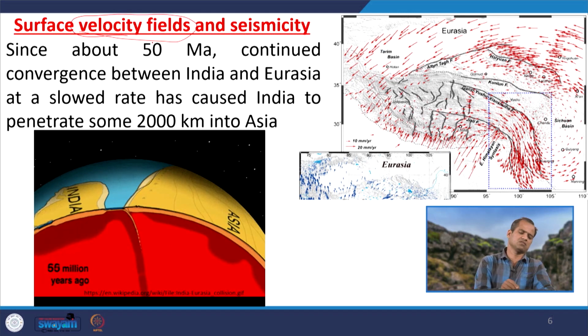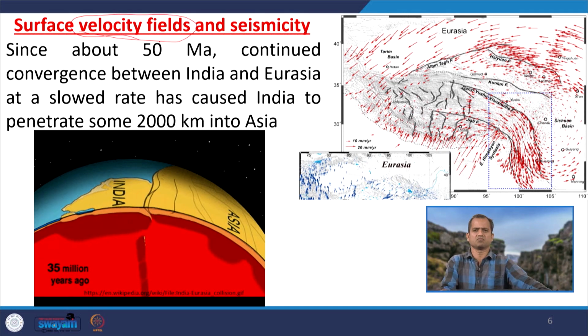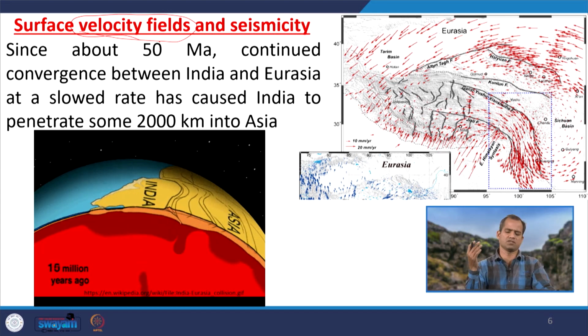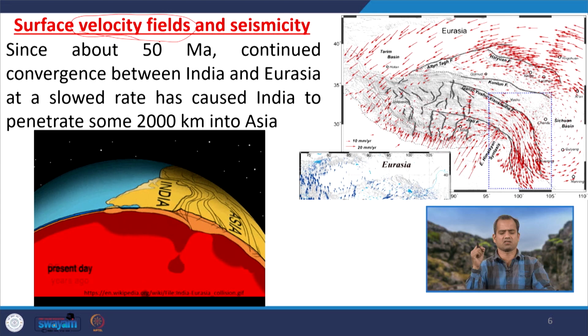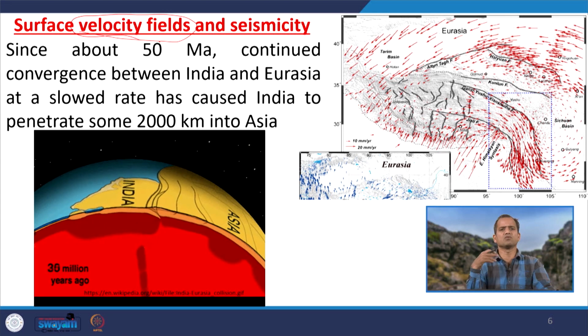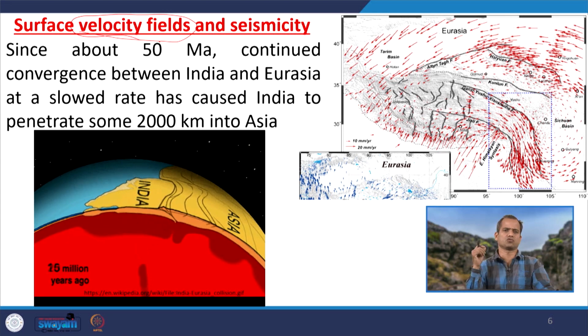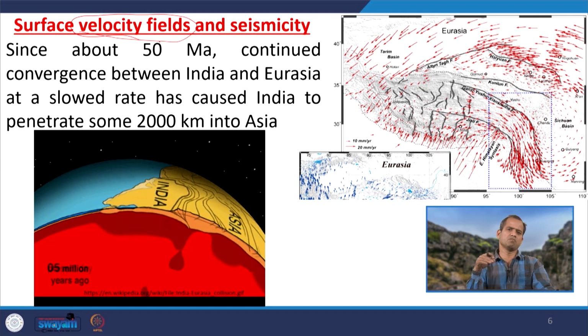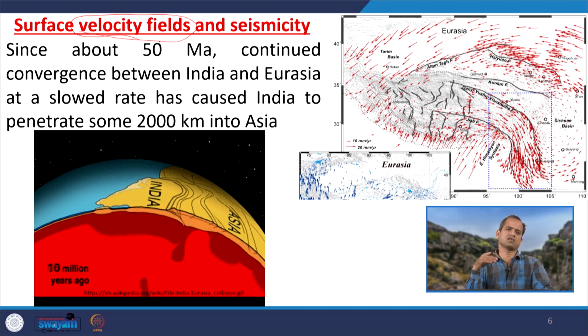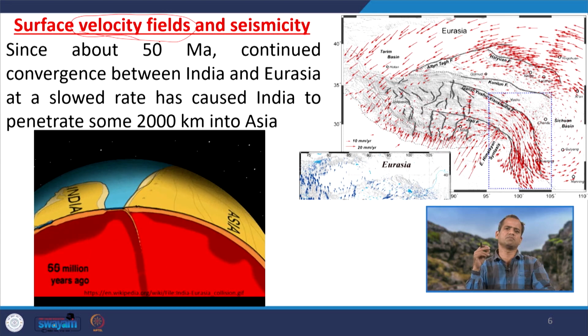Nowadays, researchers are using GPS or GNSS systems to calculate the velocity field at different segments of the earth's crust. But this movement, though we are measuring it nowadays, has been going on for the last 50 Ma or so. And due to this movement and continued convergence, these earthquakes are occurring, and different time scales of the geological past have recorded different rates of movement.